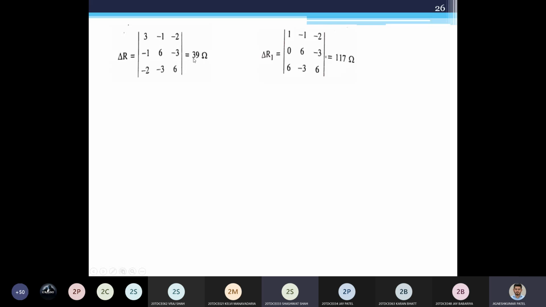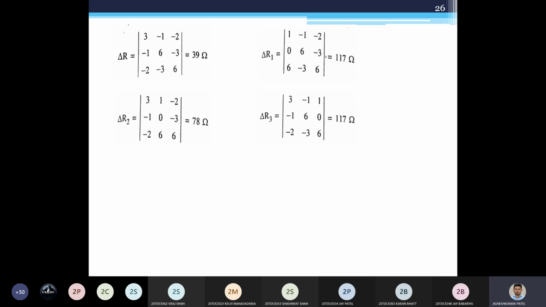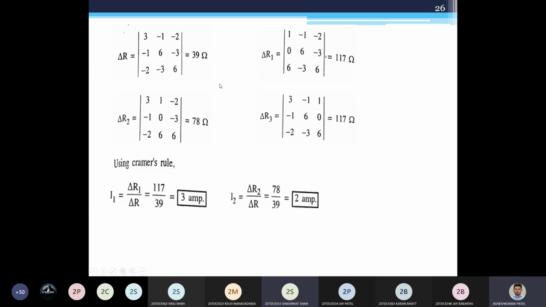What is your answer? This 39 becomes minus 39. Yes, sir. Then 117, minus 117. So minus 117 divided by minus 39. Oh, sir, plus 3. So if both are minus, you can take it as plus. So there will be no issue.